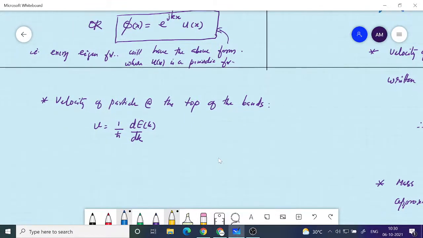So velocity is equal to 1 by h cut d by dk of minus d k square. This is equal to minus d by h cut into 2k. Now d is positive, h cut is positive, 2 is positive.